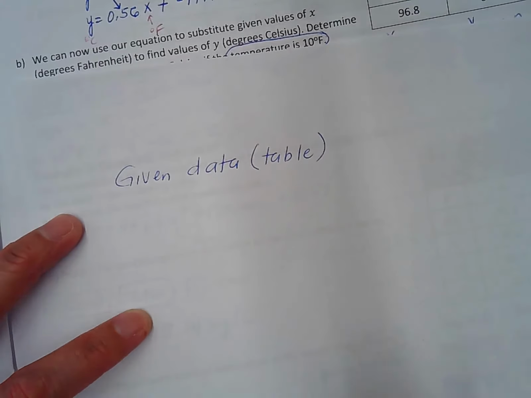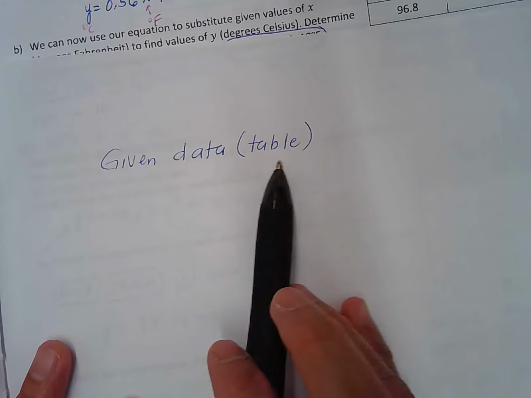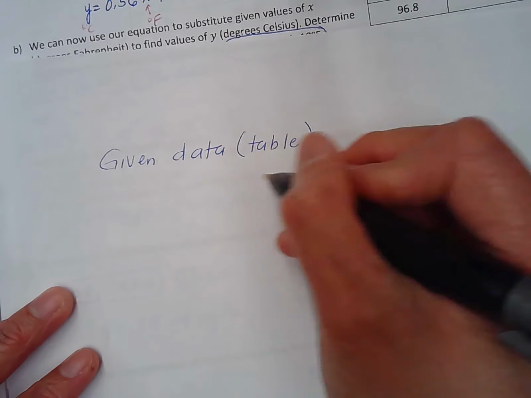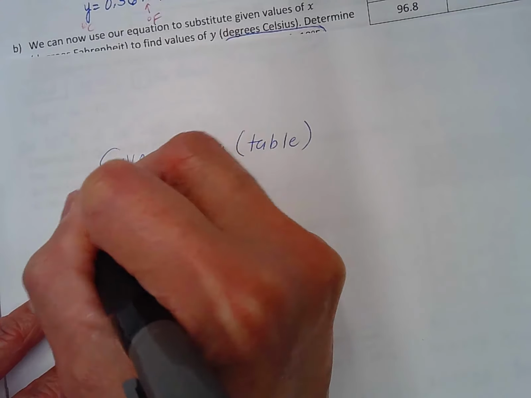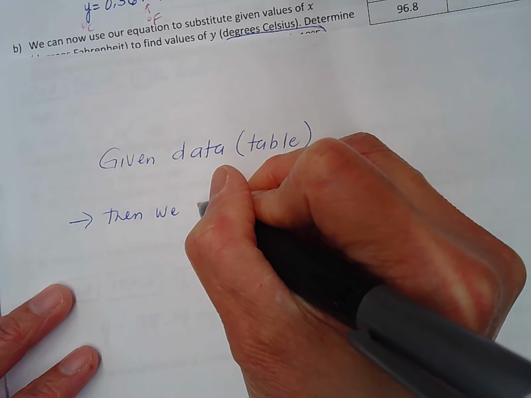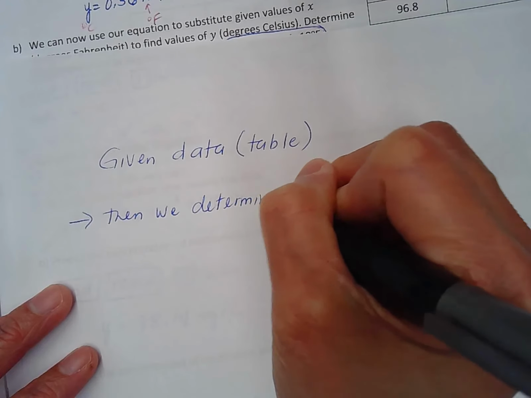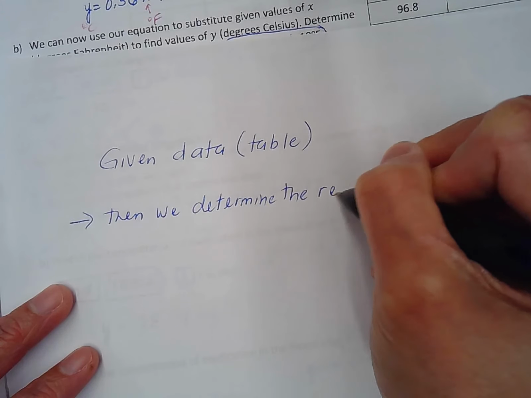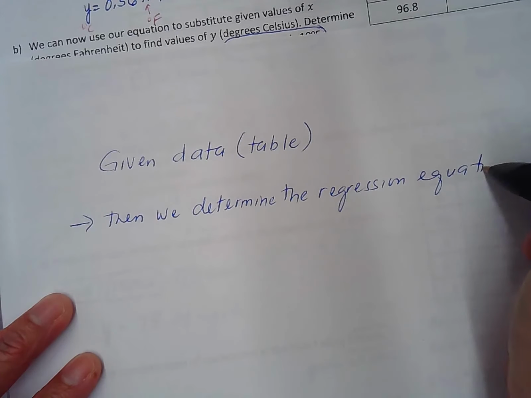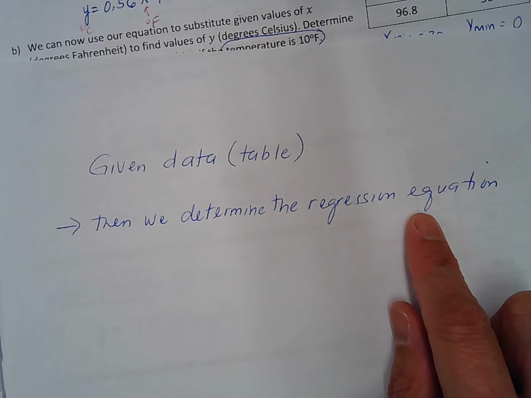In this particular booklet, we're going to be given data in some sort of a table. And then what do we do with that? Then we determine the regression equation.